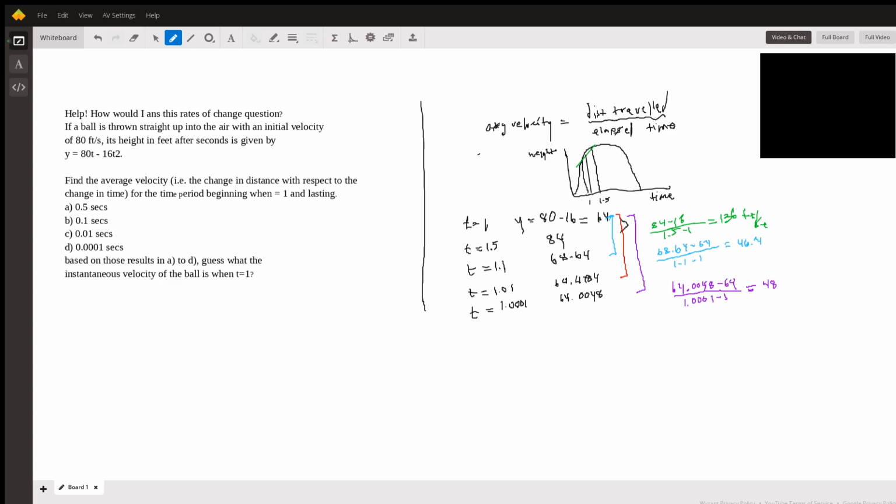So we can guess, because we're getting closer and closer, this one is basically can't even see it. It's so small. This last purple one, there's just a little dot of purple up there. So we would guess, based on what we're seeing here, that we're getting closer and closer to 48.